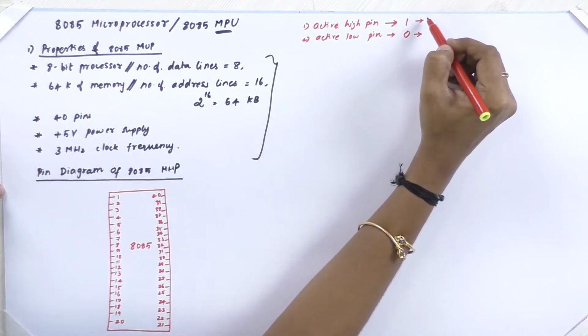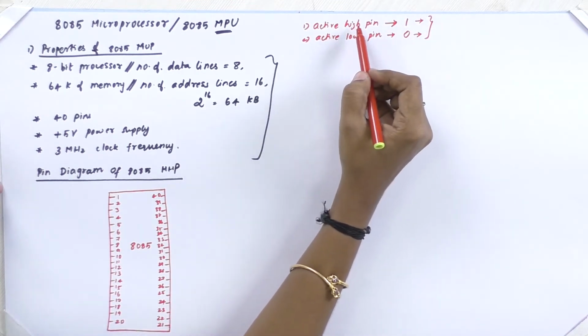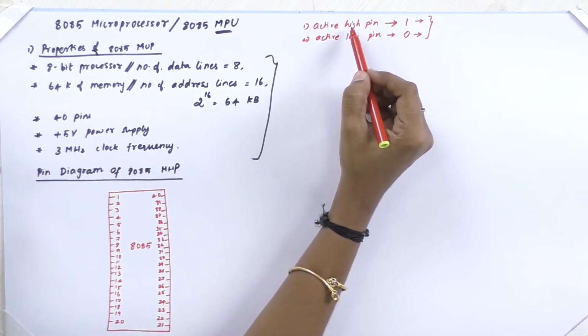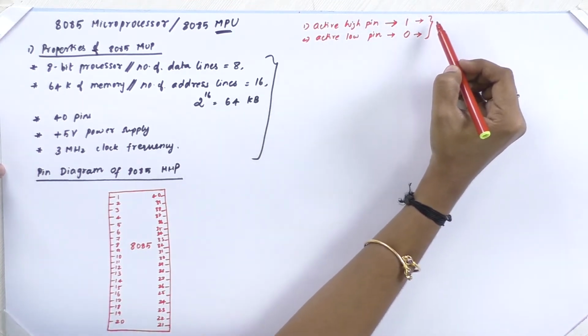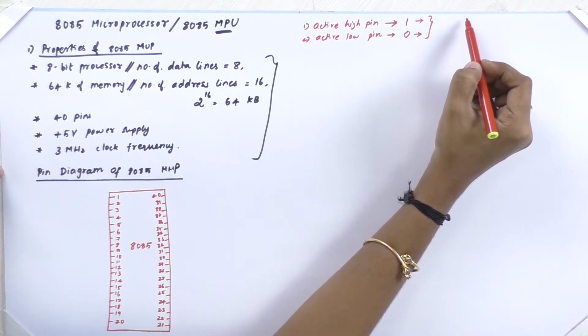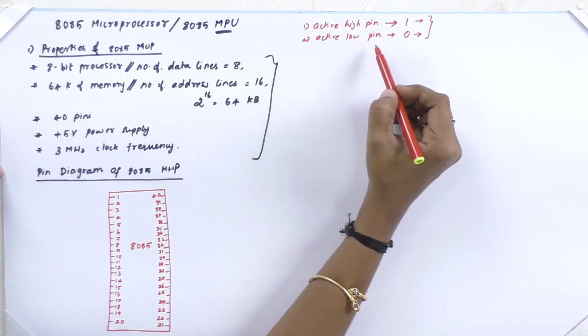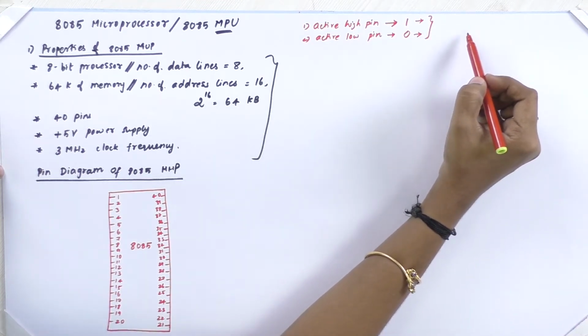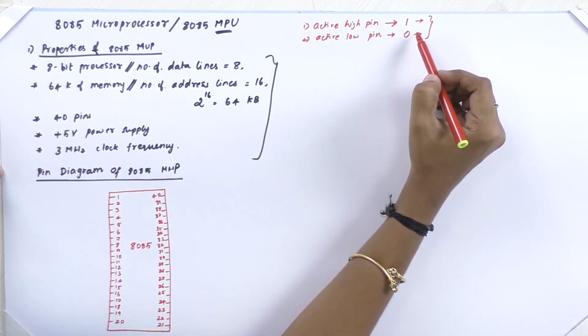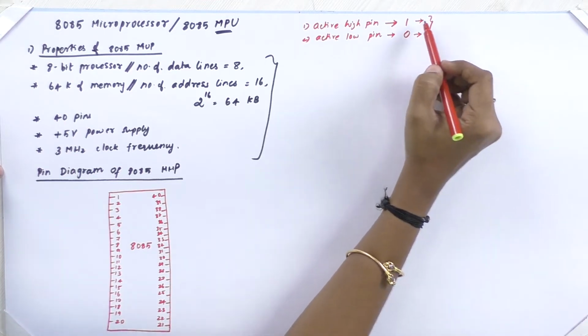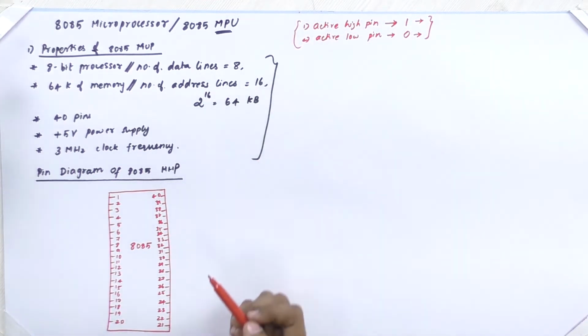So we have to remember these: active high means the pin performs its function whenever the bit value is set to 1, and active low pins perform their function whenever the signal value is set to 0. We have to remember this concept.